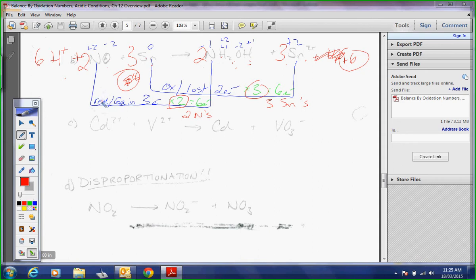So I'd write down 2 NOs. They have gained 3 electrons each, so plus 6 electrons, went to 2 NH2OH. And I needed 6 hydrogens to help that out. And if there were waters, you put the waters in.